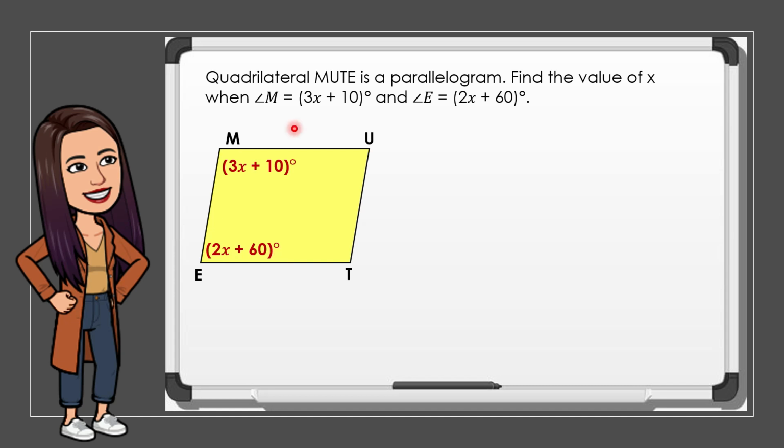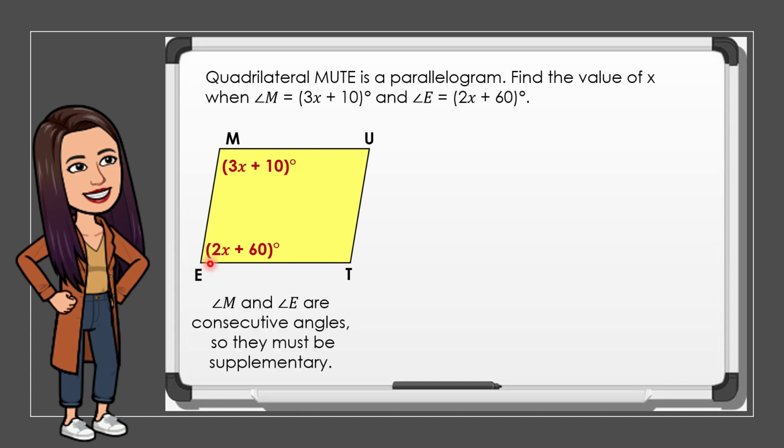So after illustrating our situation, let us find their relationship. So if you notice, angle M here and angle E here are consecutive angles. So they must be supplementary, meaning the sum of their angles must be equal to 180 degrees. After getting their relationship, let us now form our equation.